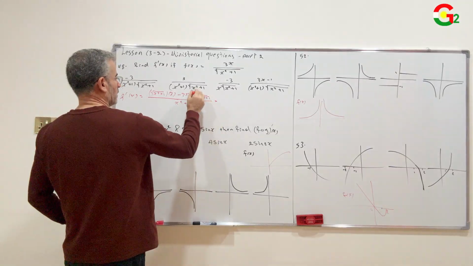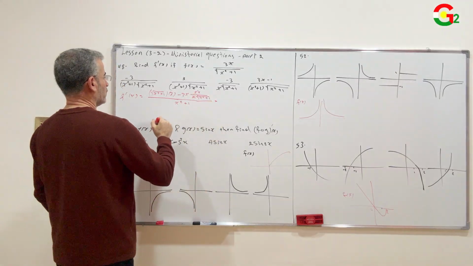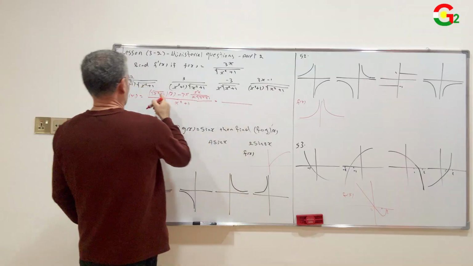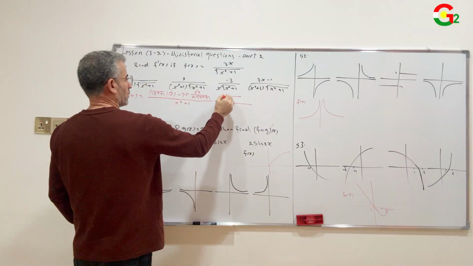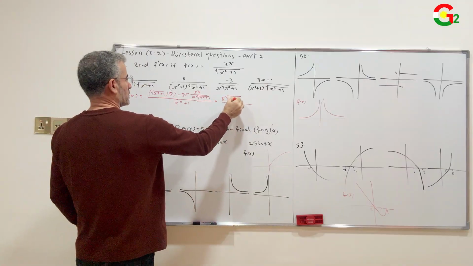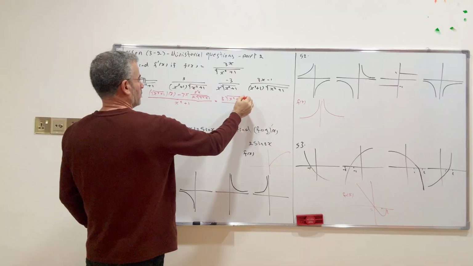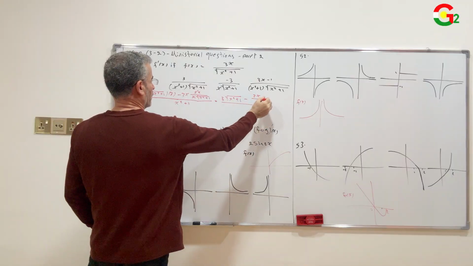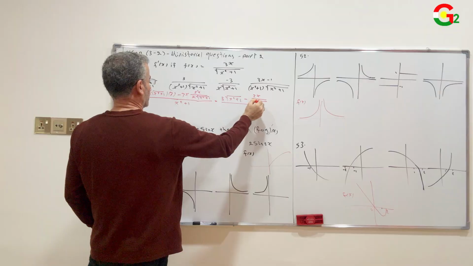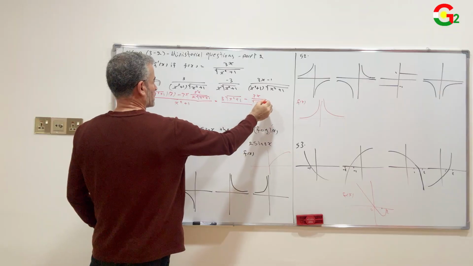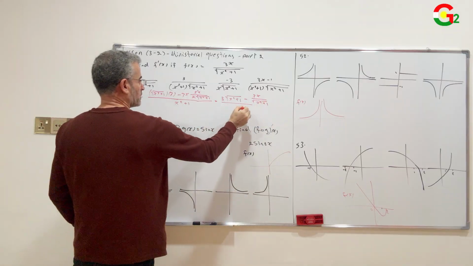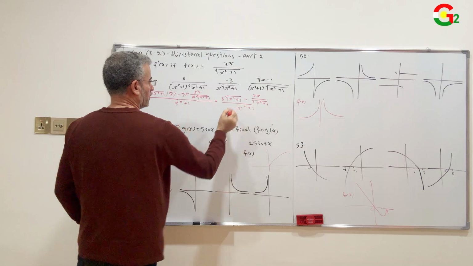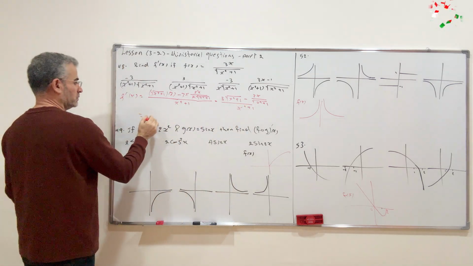Simplify this function, reduce 2 with 2: 3 square root of x^2 + 1 minus 3x over square root of x^2 + 1, all over x^2 + 1, equal to.